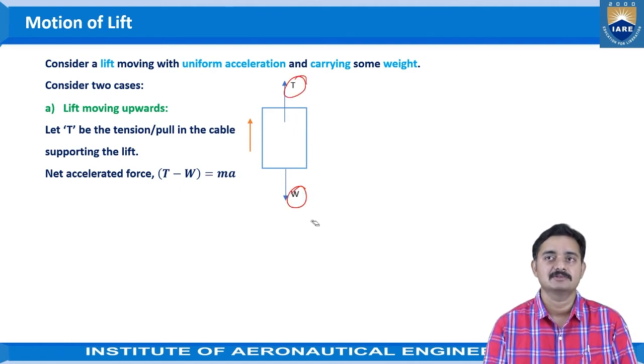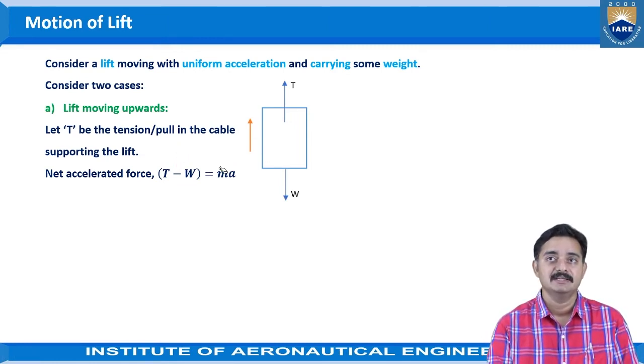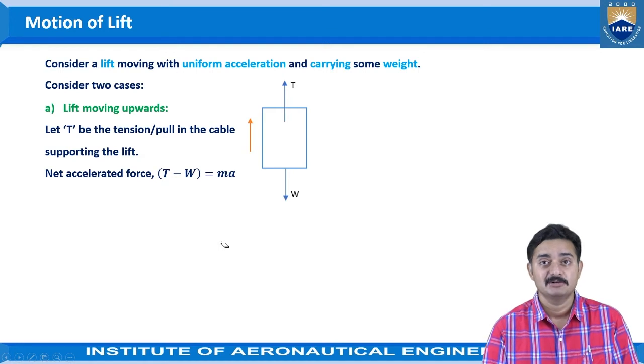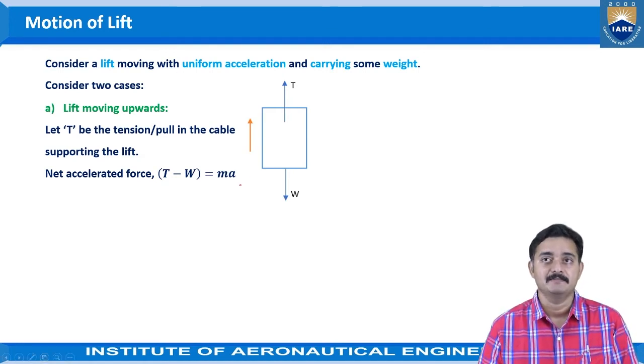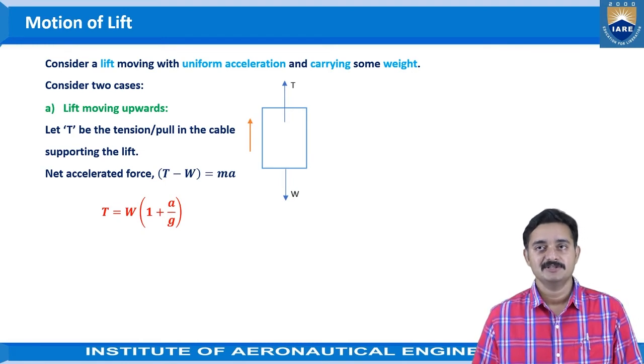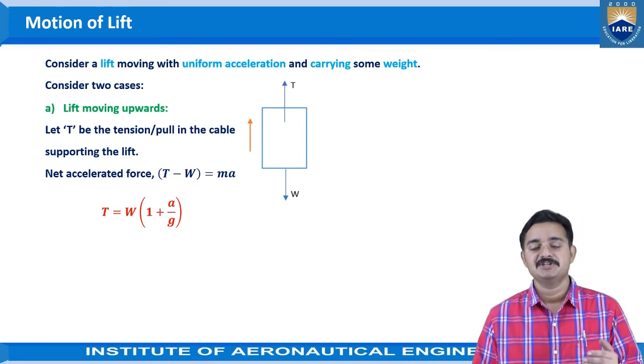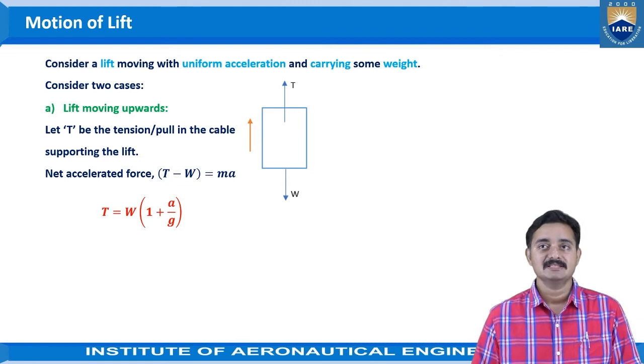The force which is making the lift move would be considered as T minus W. So by applying the equation F equals ma, the accelerating force can be written as T minus W, which is equal to ma. If you simplify this, you will obtain the tension T equal to W into (1 plus a by g).